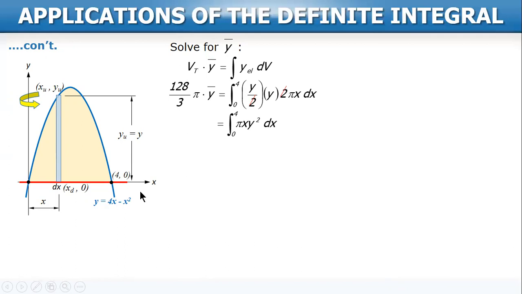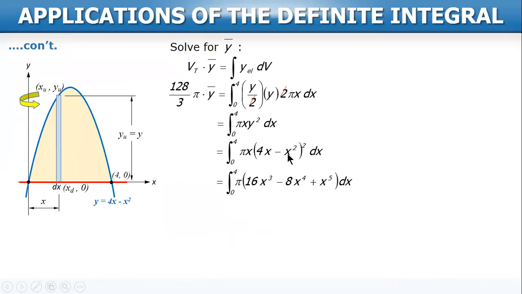You replace y by x, substitute this one, equation sa parabola. So, expand first before i-distribute ng x. Perfect square trinomial: 16x squared times x, 16x cubed. Middle term, 4x times negative x squared, that's negative 4x cubed times 2, negative 8x cubed times x, negative 8x raised to 4.